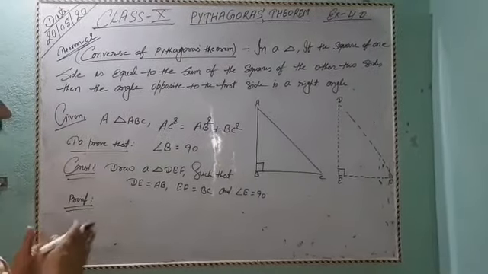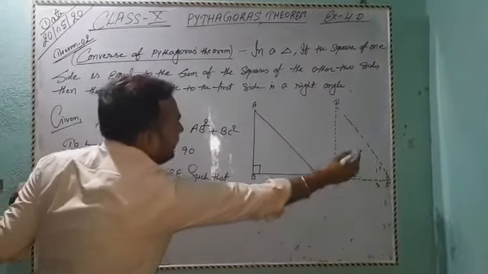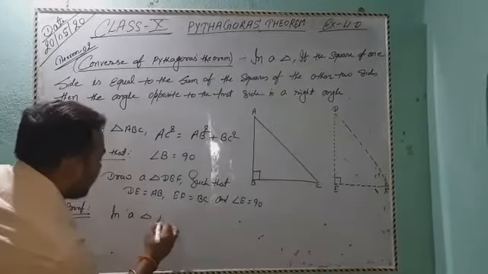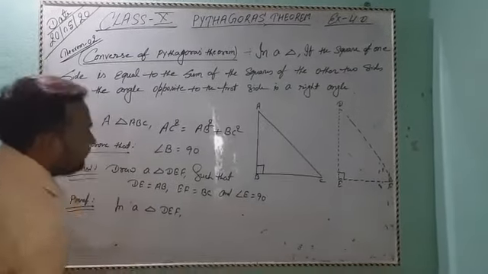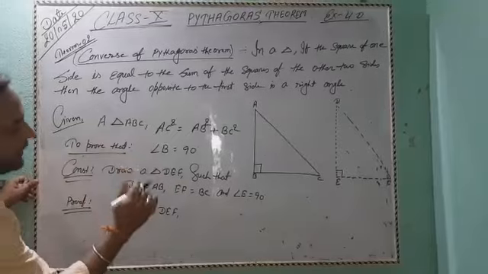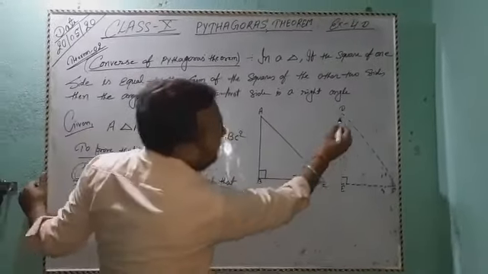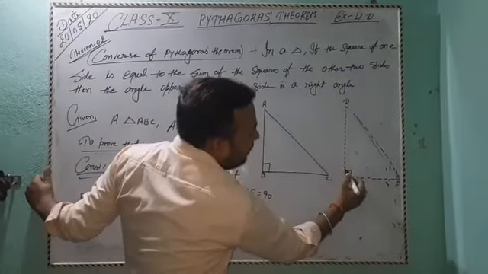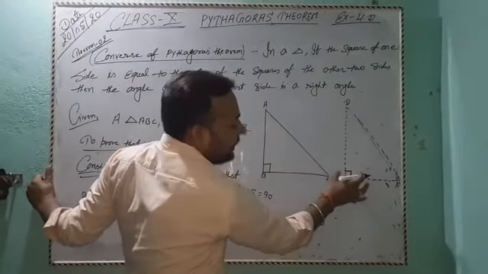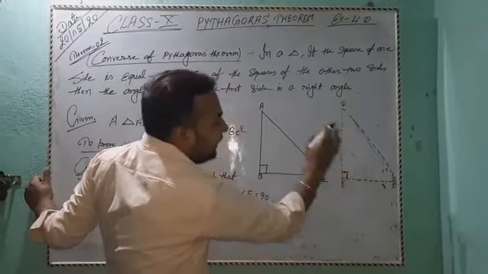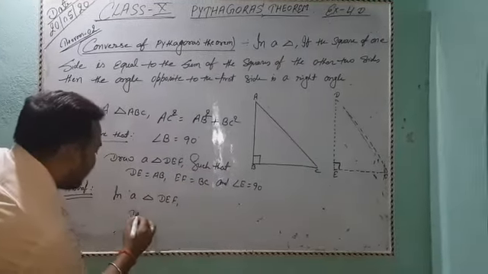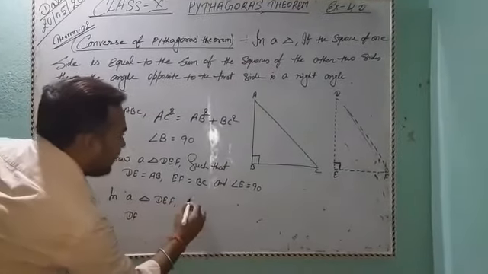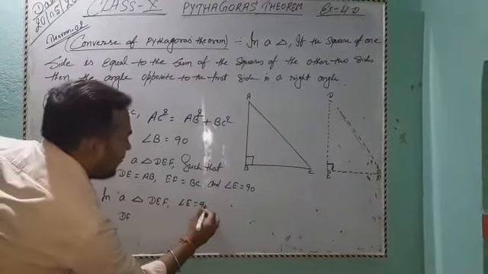In a triangle DEF, DF square. DF is the hypotenuse because it is opposite the right angle in triangle DEF. So in triangle DEF, angle E equals 90 degrees.